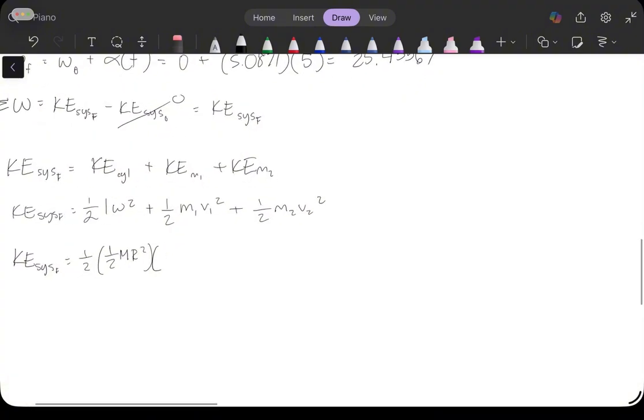So yeah, let's just put the subscripts F, okay. And then since we only have omega right now, I'm going to turn this into omega times big R squared. And then for this, it's going to be omega times little r.